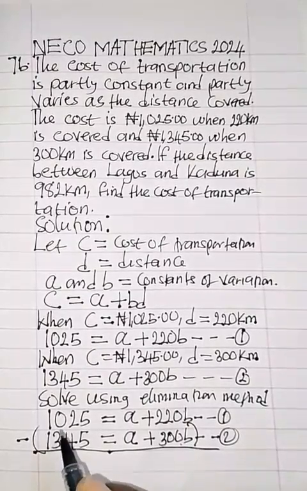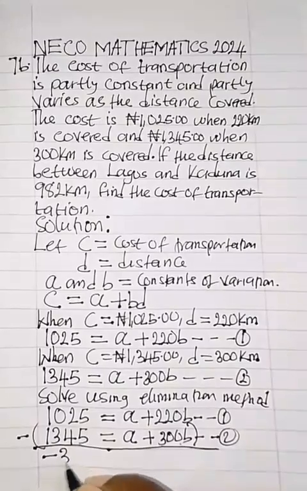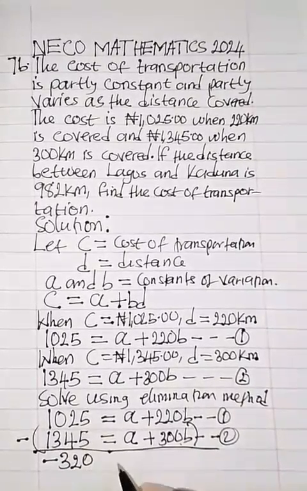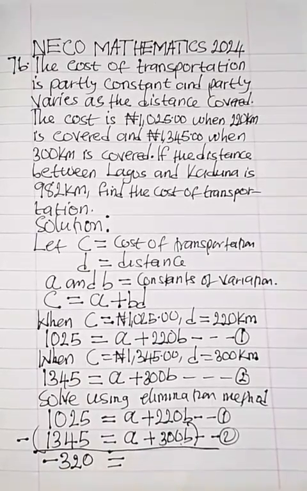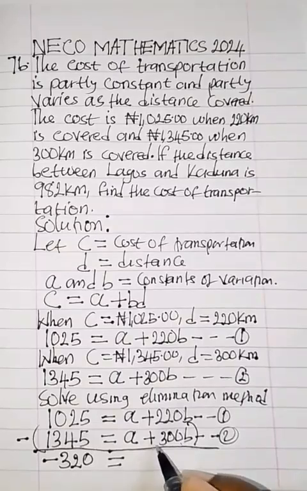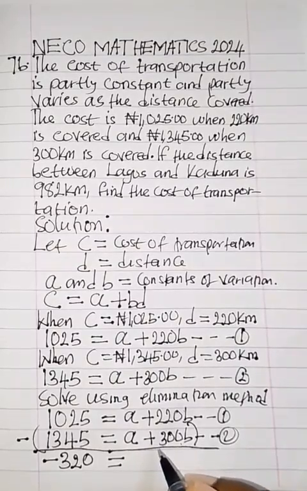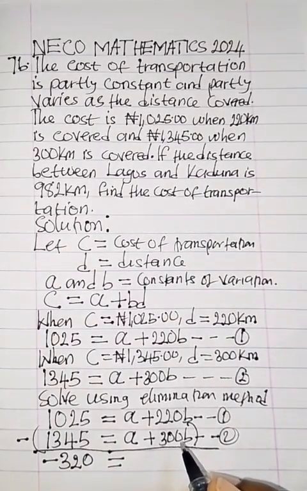So 1025 minus 1345 is minus 320, equals A minus A, which is 0. This negative sign will turn this plus to be negative. So we have plus 220B minus 300B.